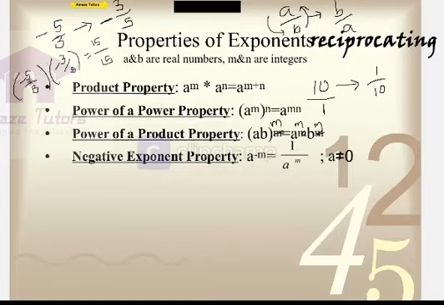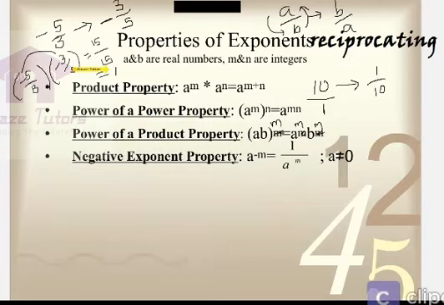Negative times negative is positive. That is why the answer is 1. Not only in this example, it is always true. Whenever you multiply a number or a fraction with its reciprocal, the answer is always 1. You can remember this property also.